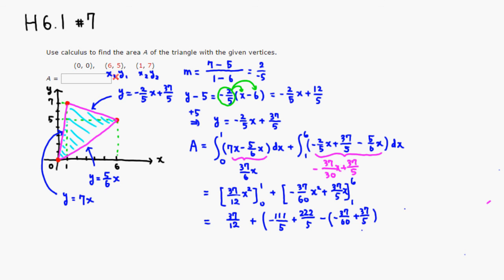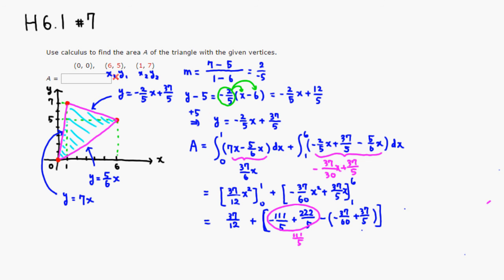All right. Hopefully this is going to get really simple. So what's this? We're going to have to, let's see, combine. I can do this one right here, which is 111 over 5.